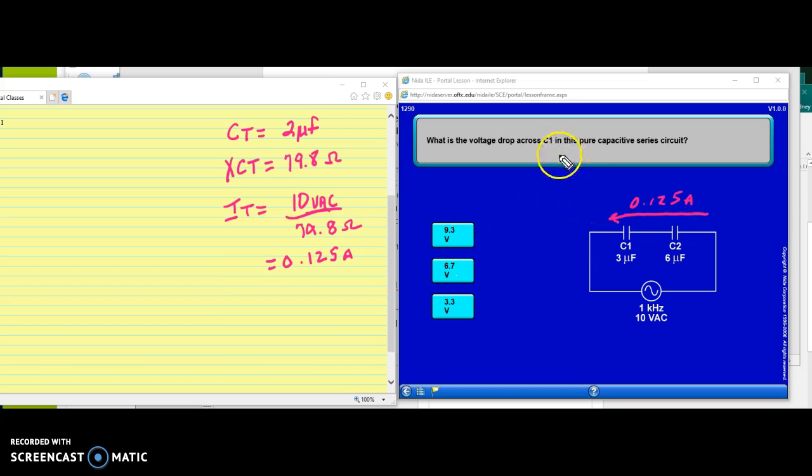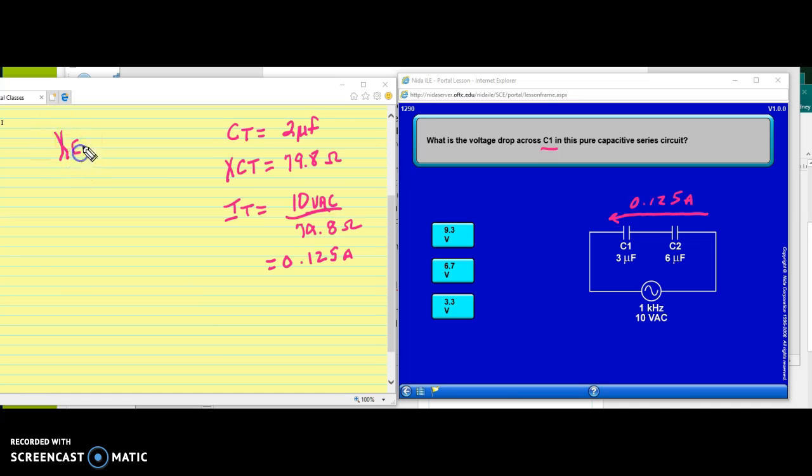We're looking for C1, which says 3 microfarad. We know the current, but actually we're going to have to calculate the X of C for that. So let's do the X of C just for this one.